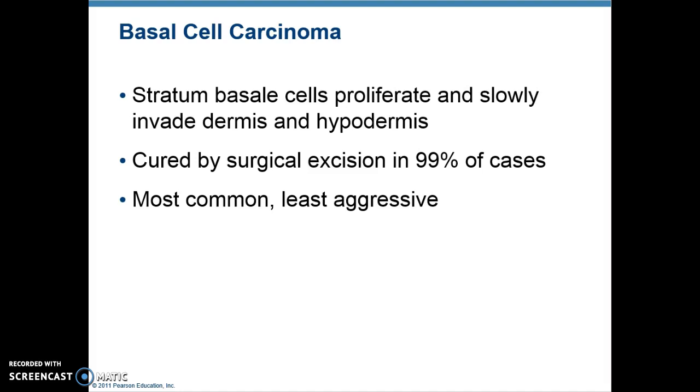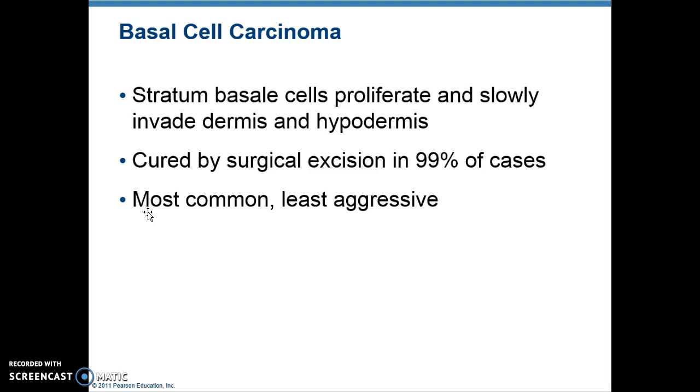At any rate, first up, basal cell carcinoma. This originates in the germinating or mitotically active cells of the stratum basale. It is not surprising that this is common because you're more likely to get mutations and problems with regulating mitosis in a mitotically active cell population like the stratum basale.